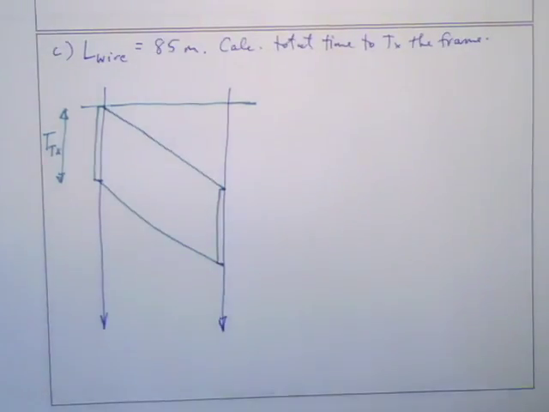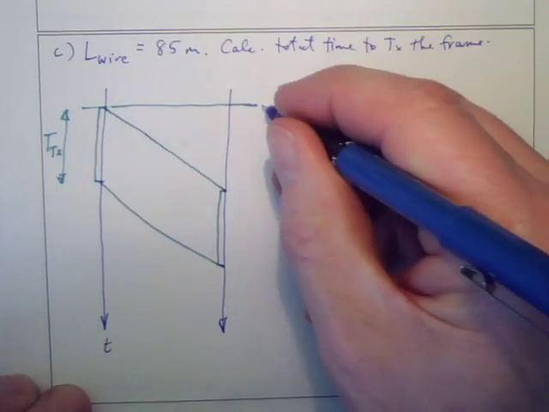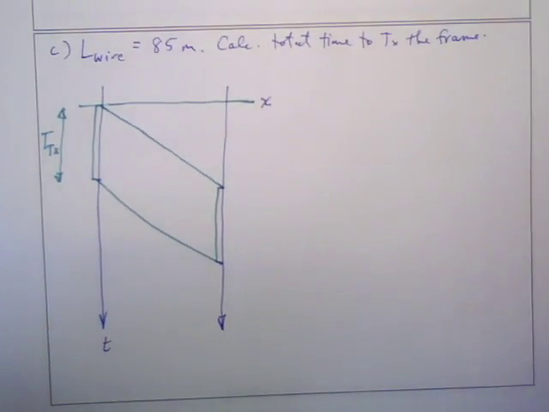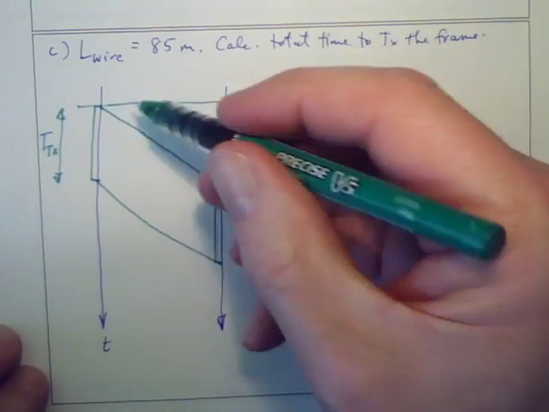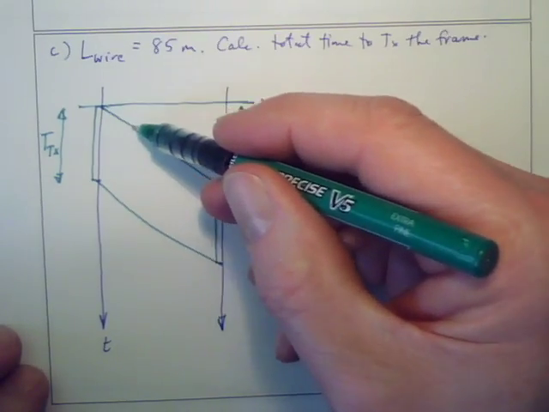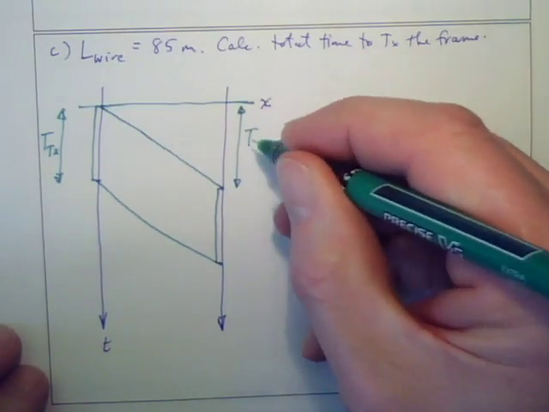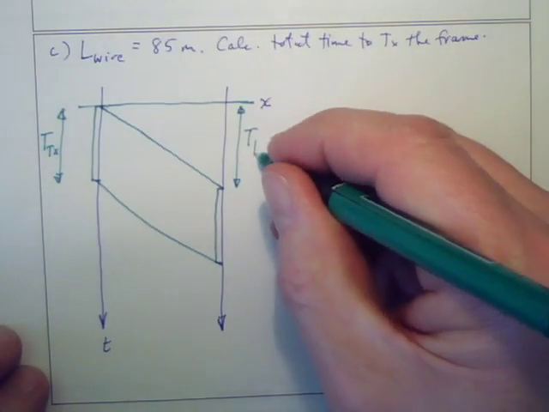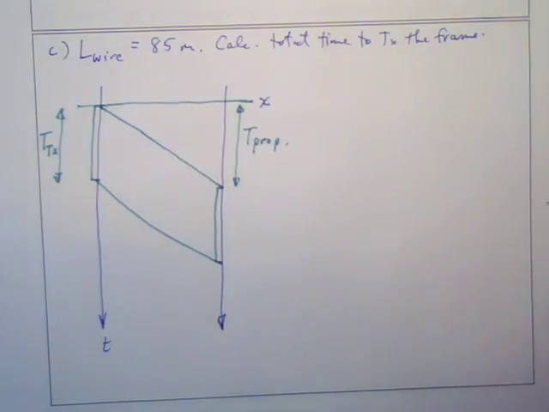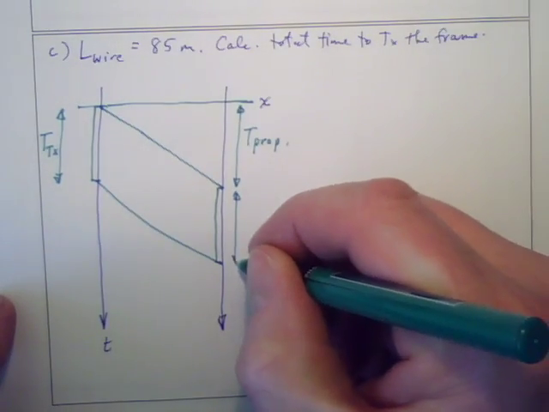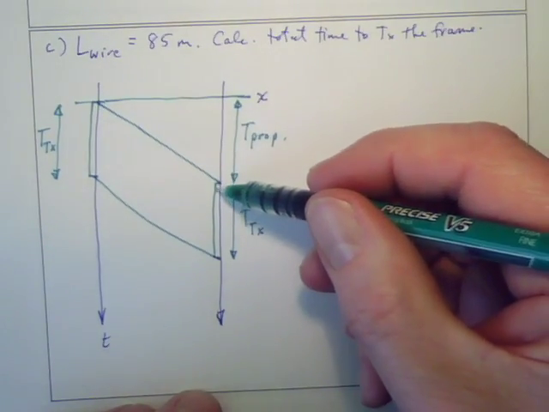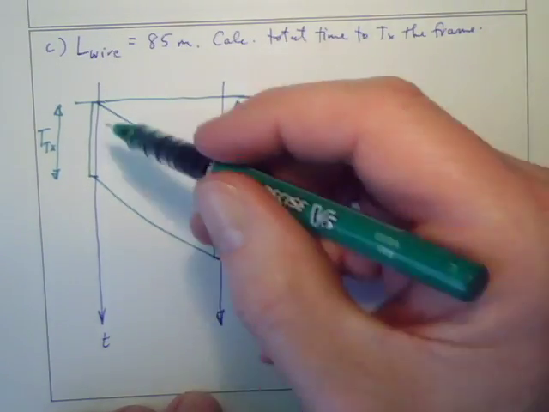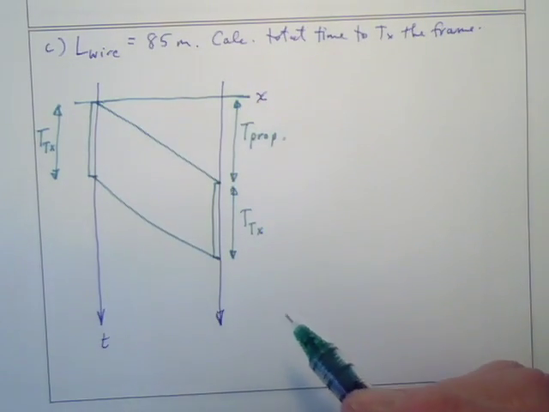The slope here is given by the velocity, because this is the time axis and this is the space axis, x. You can label the time for that first bit to fly across between the wires as t propagation, T prop. And so we have T transmit down here. Also, the amount of time it takes to actually receive those bits coming in on the wire is the same amount of time it took to send them out onto the wire.